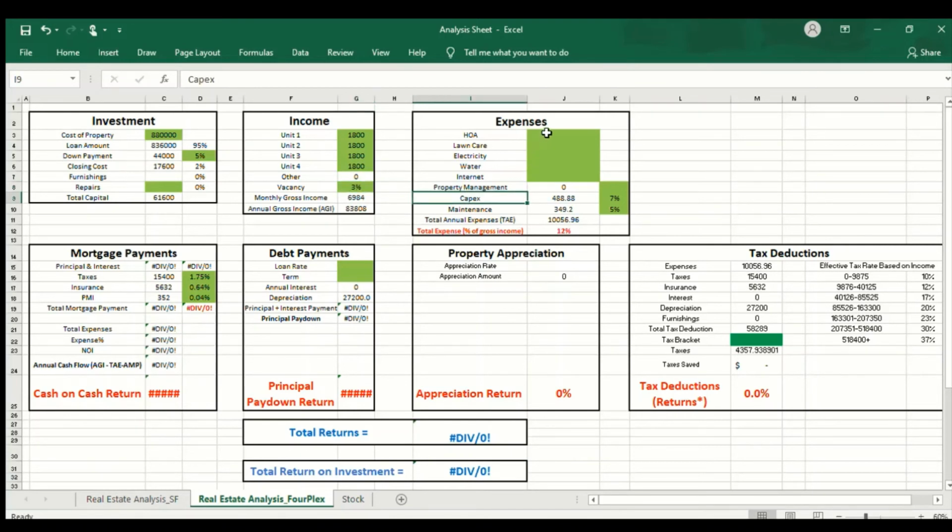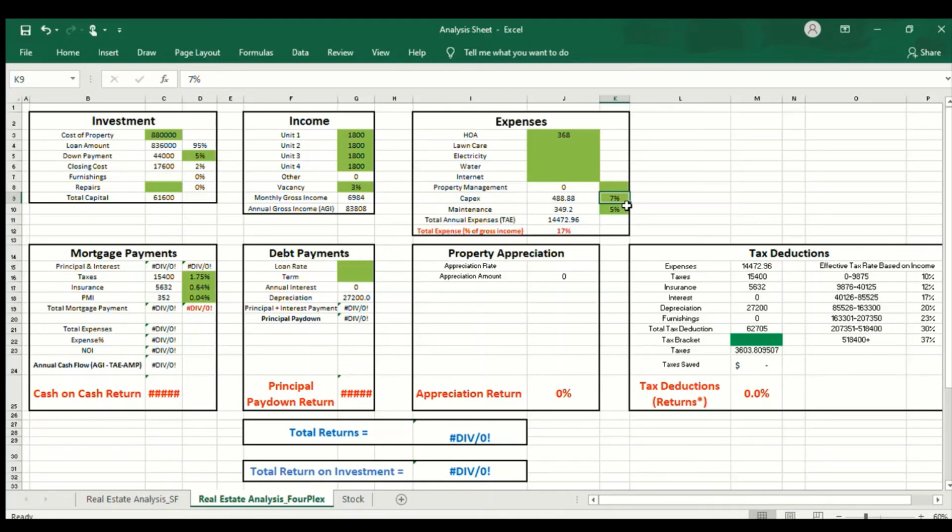Expenses, the only thing you'll be responsible for here is the HOA fees. We're going to assume that because we have 4 similar properties, the HOA would be 92 times 4. And utilities, you won't have to worry about this because you have single families that live in each unit, and each of them will be responsible for their own utilities. So now here I put CapEx 7%. I made it slightly higher because it's a multi-family, so there might be other capital expenditures that are required.